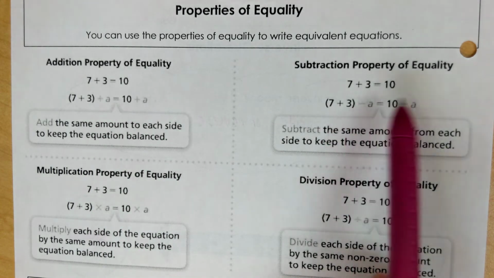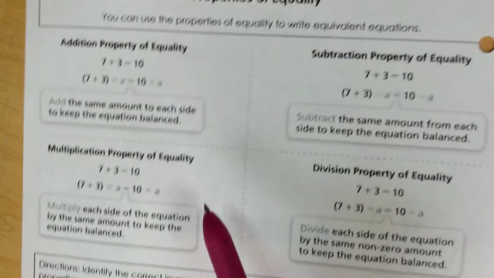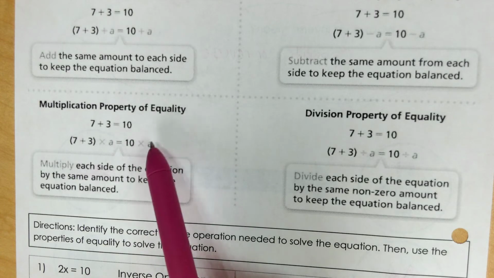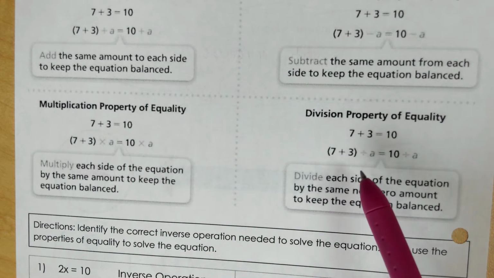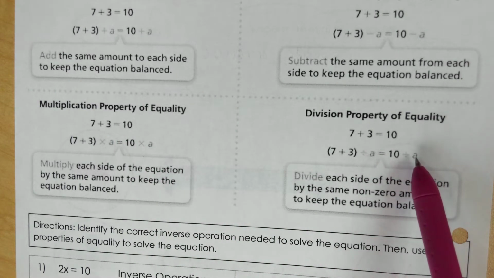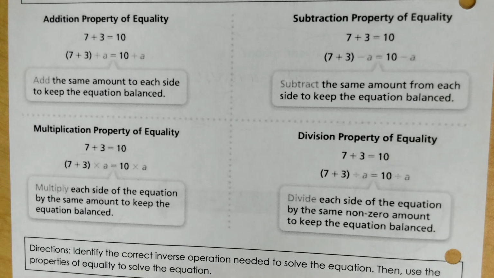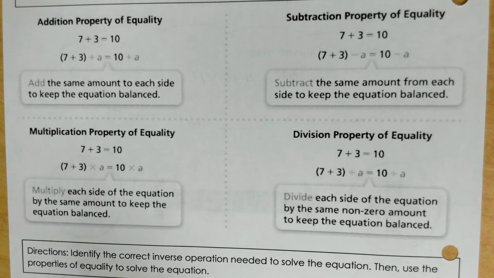If I subtract something from one side, I have to subtract it from the other. Same with multiplication and division. If I multiply one side of the equation by something, I have to multiply the other to keep it balanced. And if I divide one side by something, I also have to divide the other side by that same amount to keep it balanced. So those properties of equality are what we're using as we're solving equations with inverse operations.